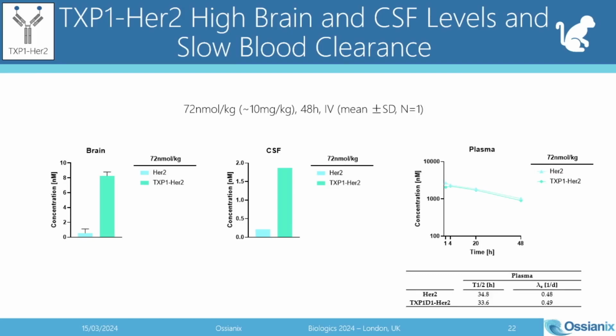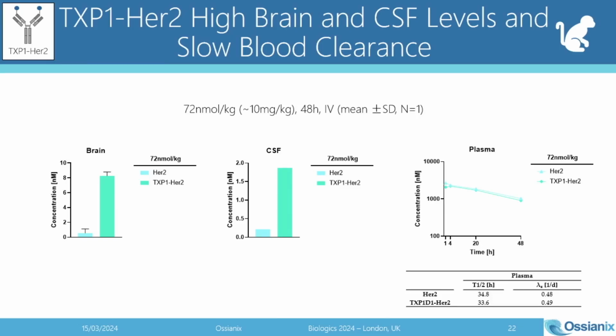And then when you look at the plasma levels, something that should be appreciated is the fact that the molecule on its own, HER2 antibody alone, and TXP1 fusion to HER2 practically have the same profile in that really short period of time.